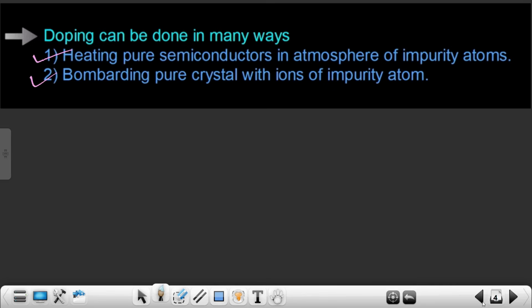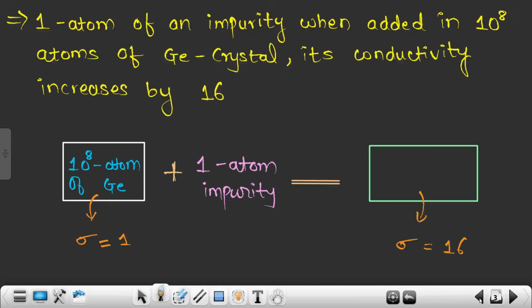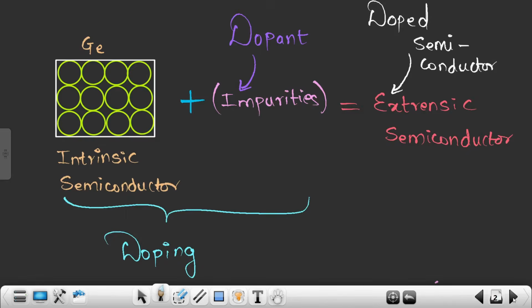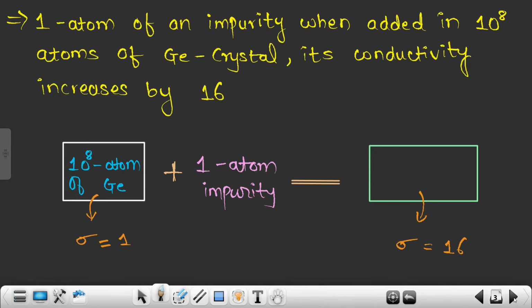So I really hope that you not only understood the concept of extrinsic semiconductor, but also understood what exactly doping is and the procedure of doping, and most importantly the reason behind going with extrinsic semiconductor. The reason is quite simple: extrinsic semiconductor helps to increase the conductivity.